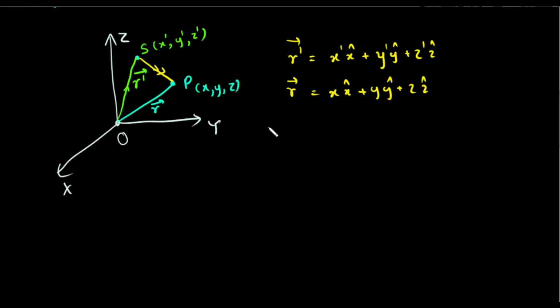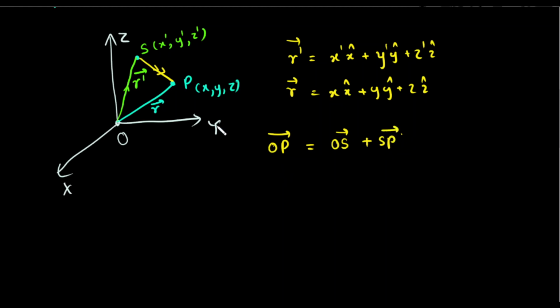Now you know that this forms a vector triangle. From basic vector knowledge, you can say that OP equals OS plus SP.